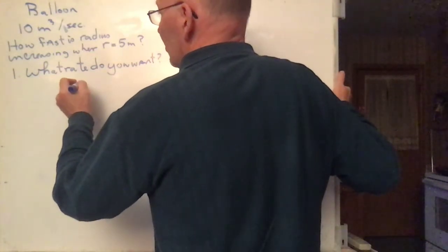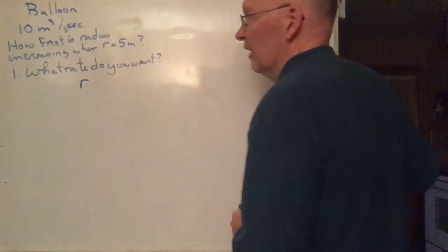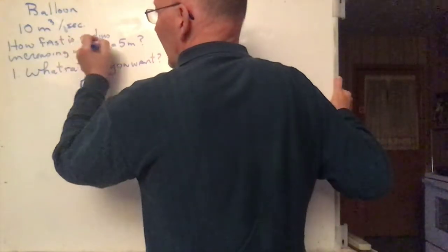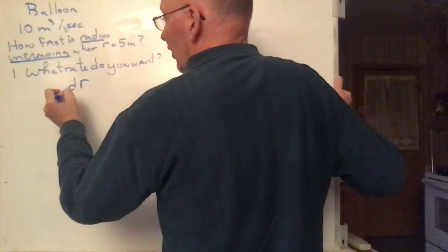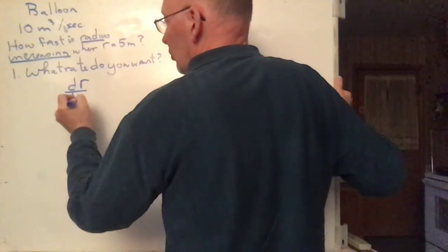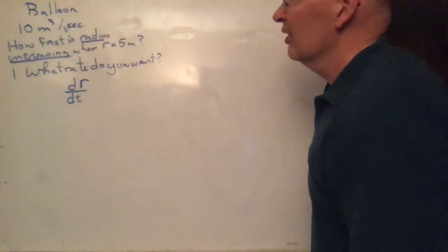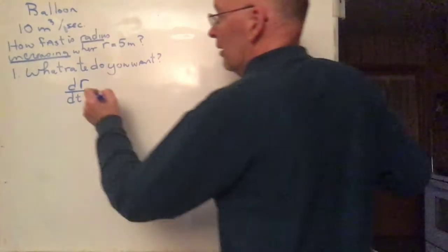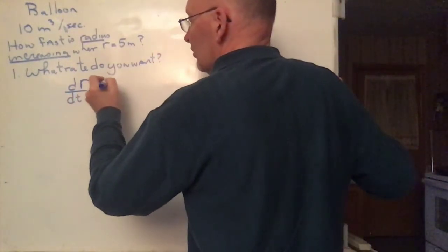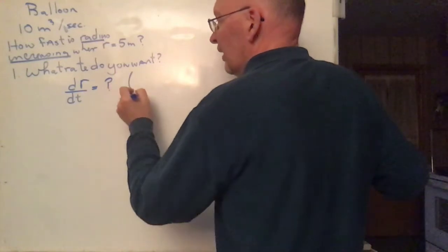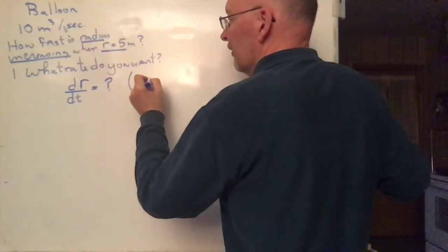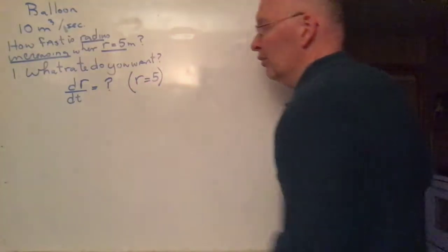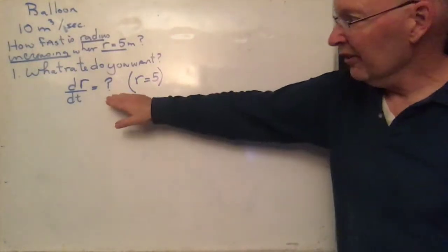So we don't want R, that's not what we're interested in. We're interested in how fast it is increasing. So think about it, that's the derivative of R. That's the rate at which it's increasing. So what we want is dr/dt. Okay, that's what we want. And we want it at a particular point, when R is equal to 5. So put that in parentheses. We don't use that until later. So that's what we want.